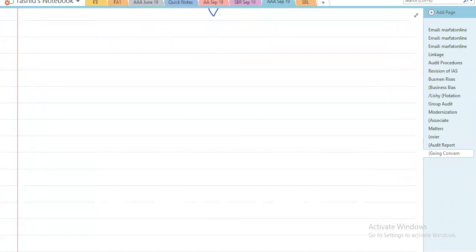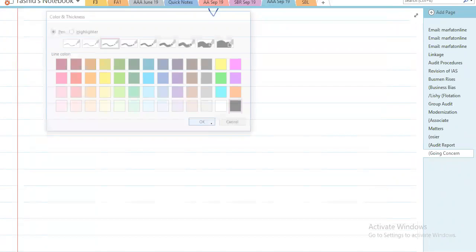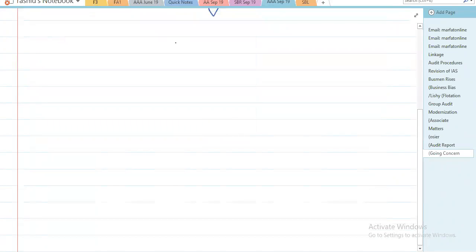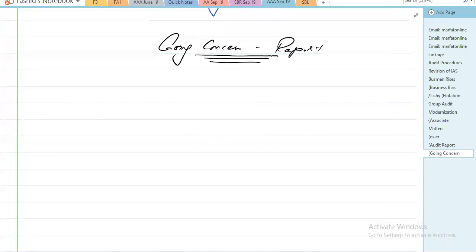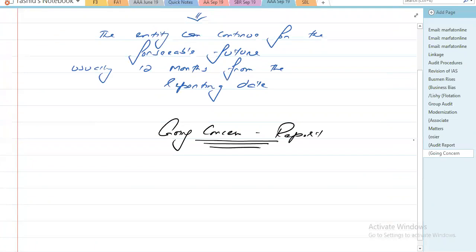All right. So when we are discussing the report, there will be going concern report implications. Now, the auditor has the responsibility to gather sufficient and appropriate audit evidence regarding the management's assumption about the going concern, because they are saying we can continue for the foreseeable future.